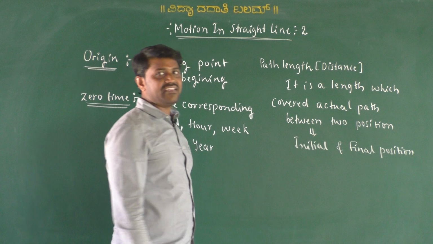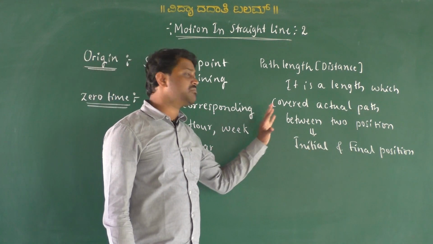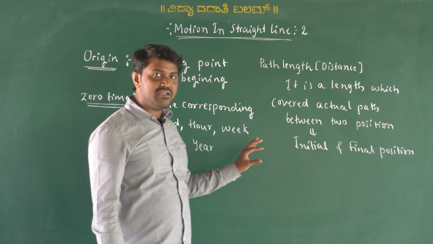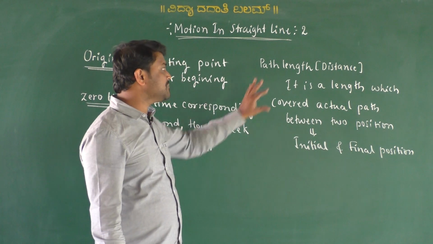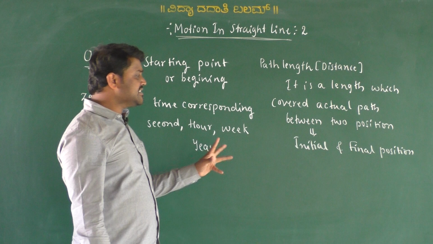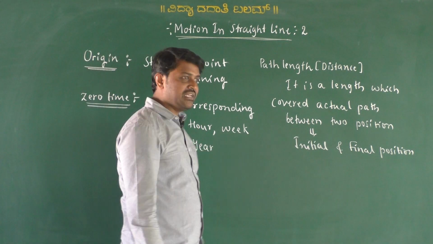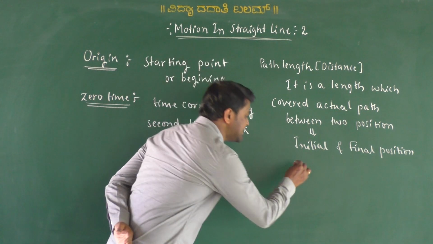The total length or actual path which a particle can travel between the initial and final position is called path length. It is simply called distance. Distance can be measured in many systems of units. Among them I am choosing CGS here.